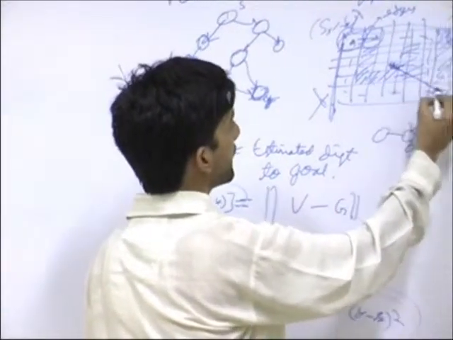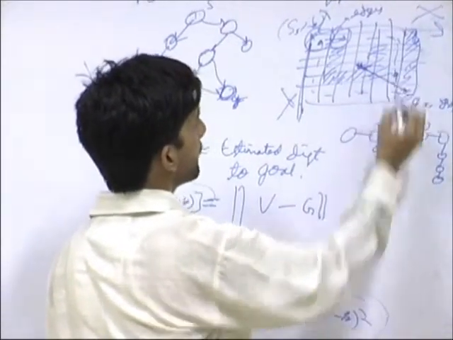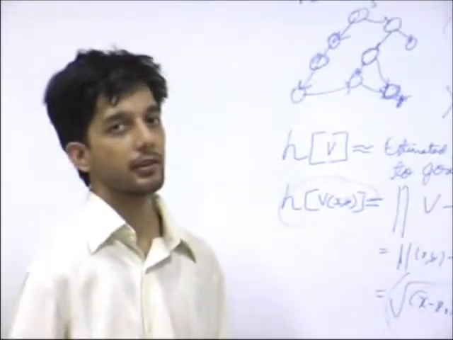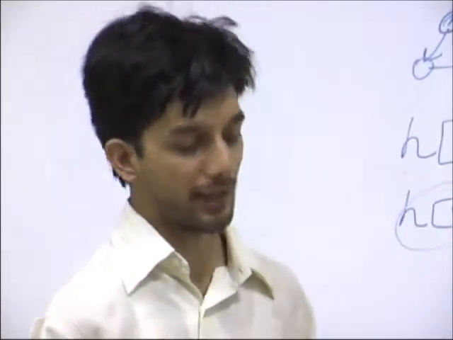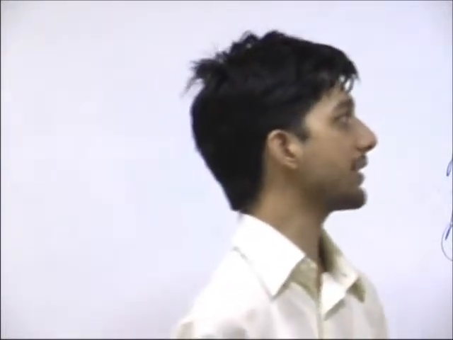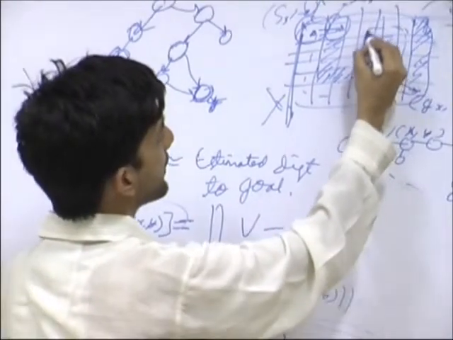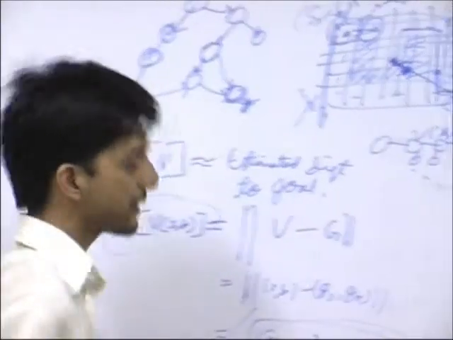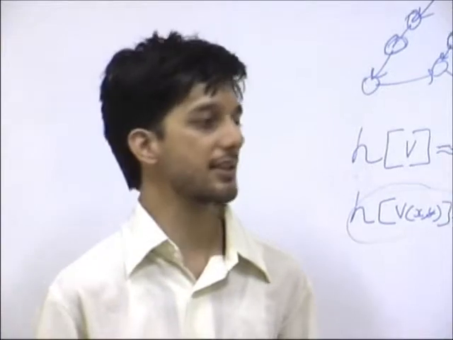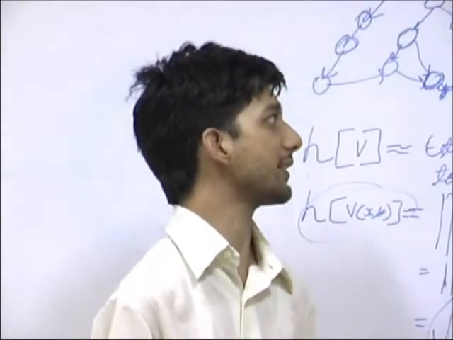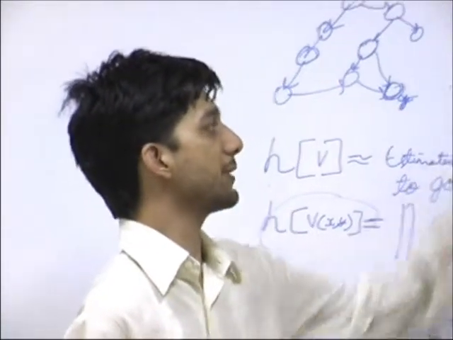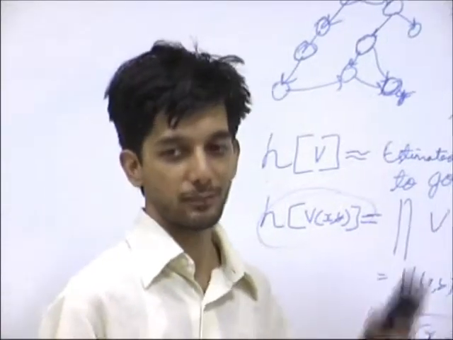Now we've said that you are at a distance of root 9 from the goal. That more or less means that by an equivalent number of steps you can reach the goal, but the truth is not this, because there is a blockage over here. The actual distance that the system would take is much larger than that. So this is a point where the heuristic does not work at all, because of a blockage.